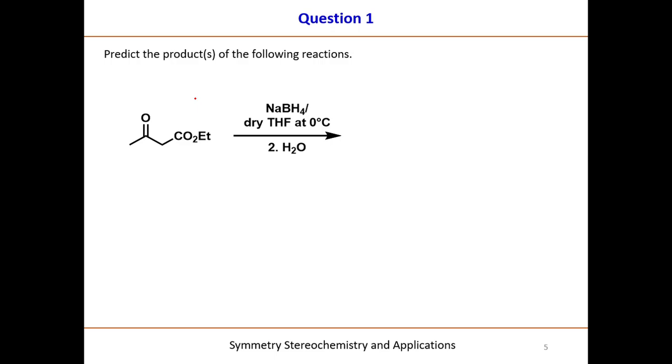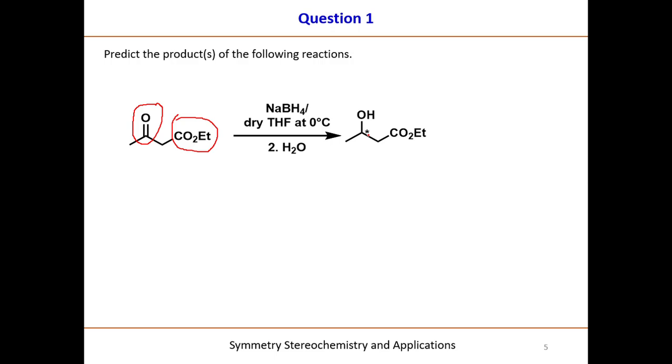So here if you see in this question, we have two functional groups which can be reduced by a reducing agent. The first one is the ester group, and the second one is the ketone group. As we have seen earlier, an ester cannot be reduced by sodium borohydride. Only the ketone can be reduced by sodium borohydride. So what will be the product? Yeah, a secondary alcohol, and this is our stereo center.